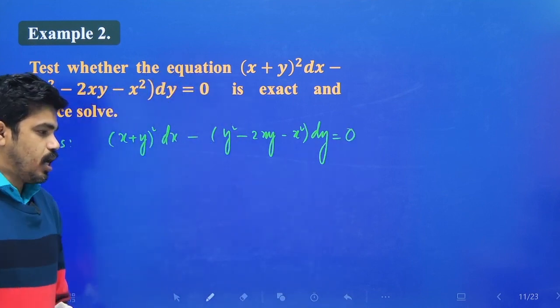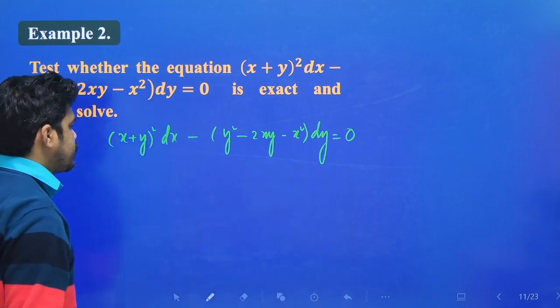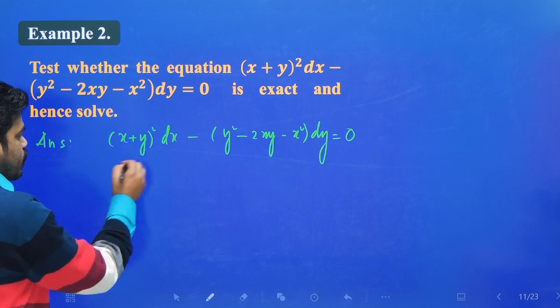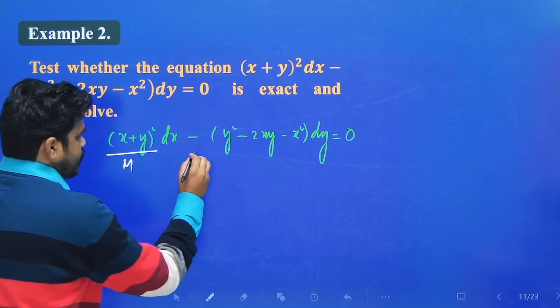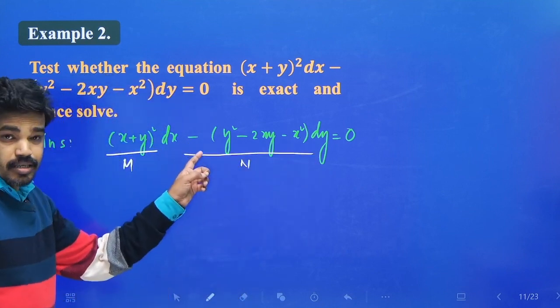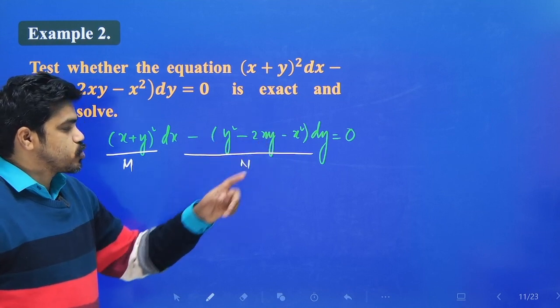So this is our given differential equation, right? Okay. So what is M here? This is M. What is N here? This is N. N is minus y square minus 2xy minus x square.